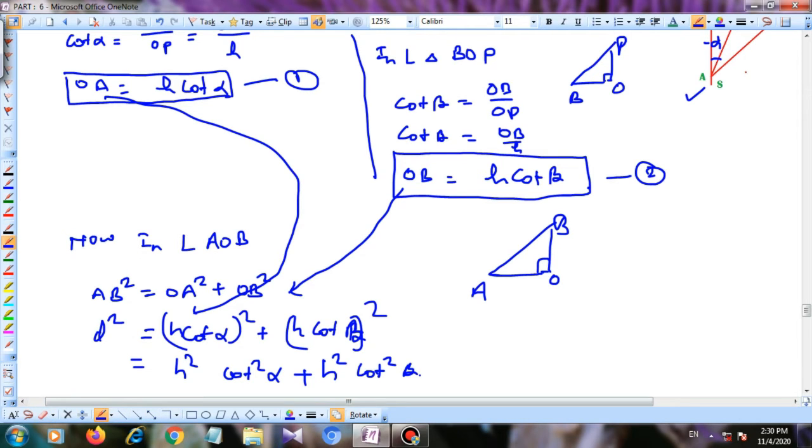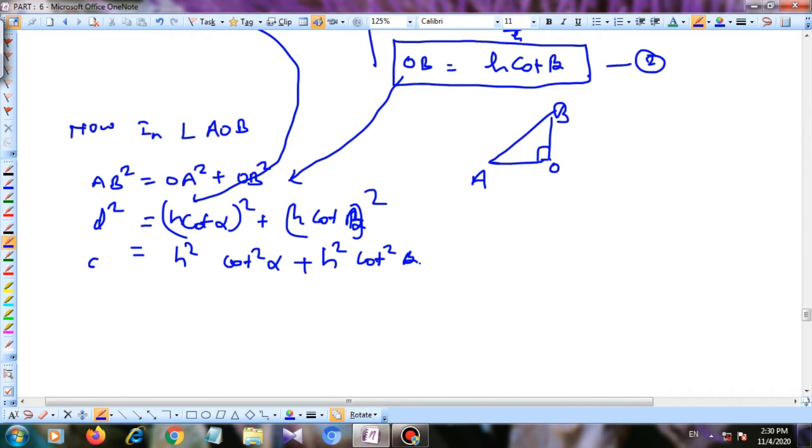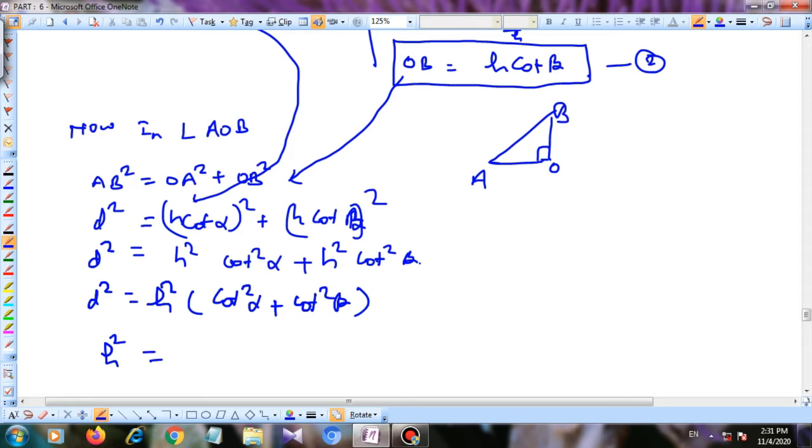Now D square equals, taking H square common, cot square alpha plus cot square beta. It means the value of H square will be D square upon cot square alpha plus cot square beta.